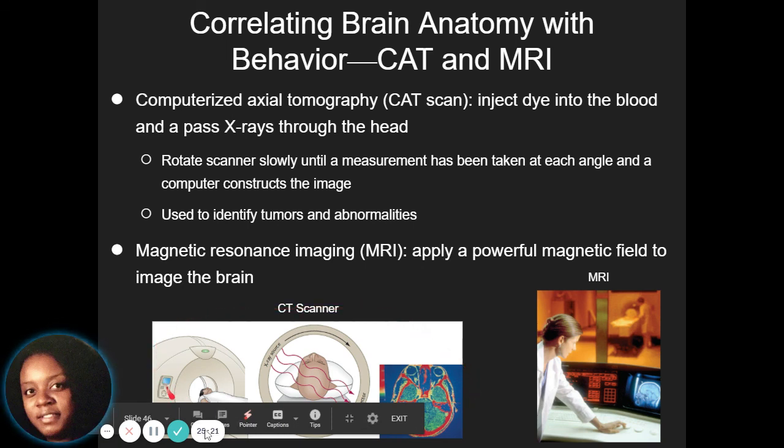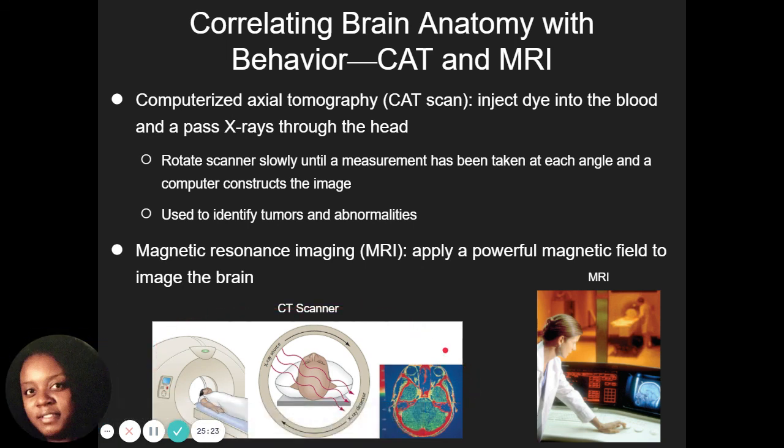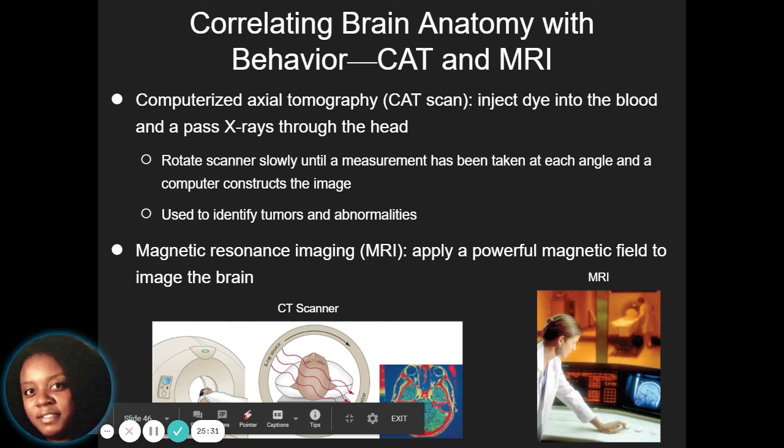It has to do with injecting the person with a dye into the blood and then taking an X-ray to reveal some activity. It can show you tumors and any abnormalities, and an MRI can apply a magnetic field so that we see an image in the brain. So here they're conducting the MRI, and she's looking at the images from the MRI.